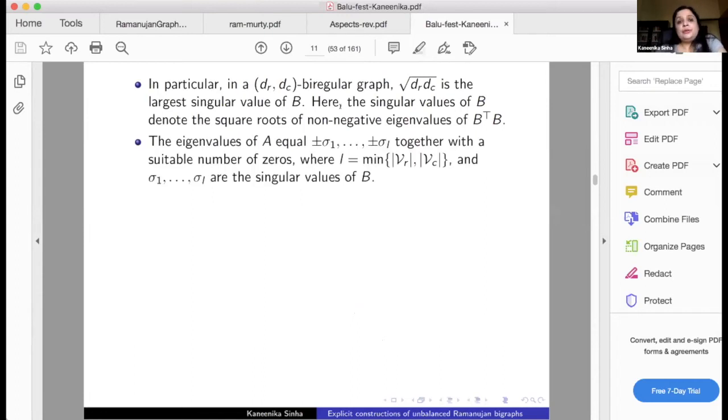Okay. So the relation between eigenvalues of the adjacency matrix and the singular values of the biadjacency matrix can also be written out clearly.